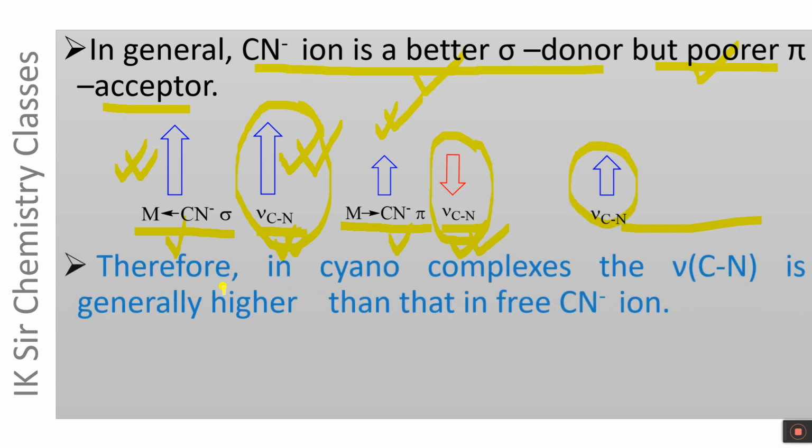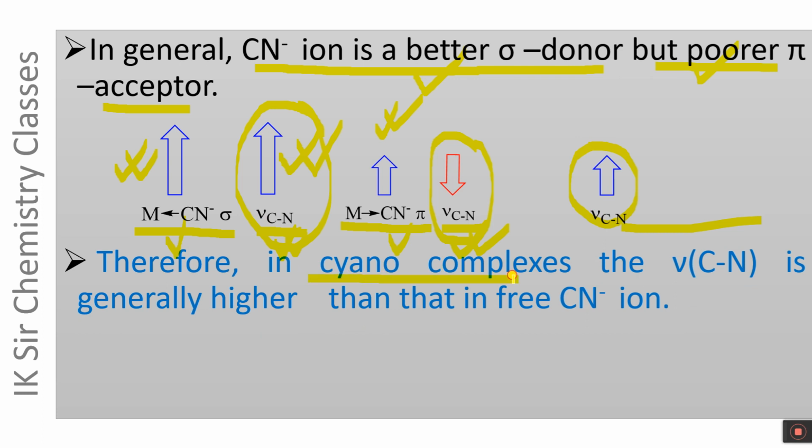This is why in cyano complexes the CN stretching frequency is generally higher than that in free CN⁻ ion. It must be noted that in metal carbonyls the CO stretching frequency is smaller than that in free CO, but in cyano complexes the CN stretching frequency is higher than that in free CN⁻.